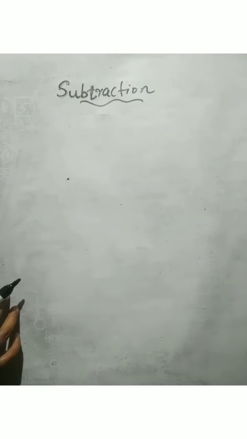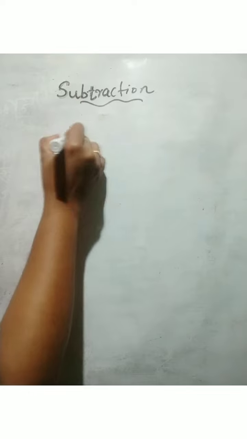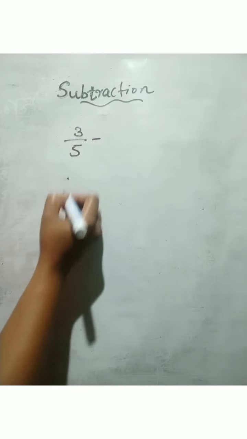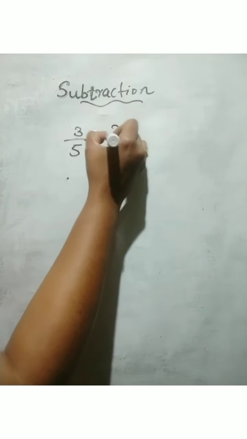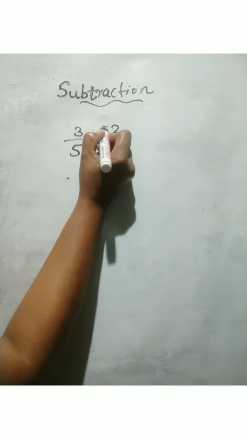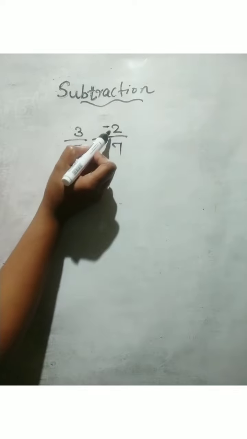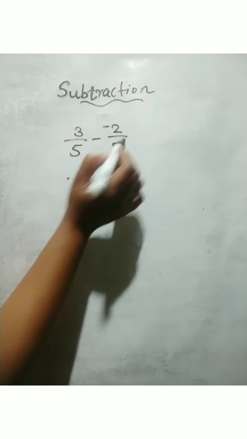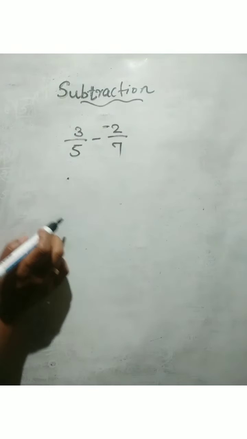Next question is 3 on 5 minus 2 on 7. Here we can keep one more negative. This negative is for negative 2 on 7. Okay.